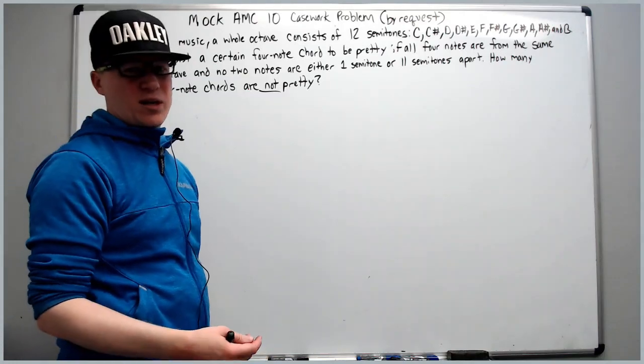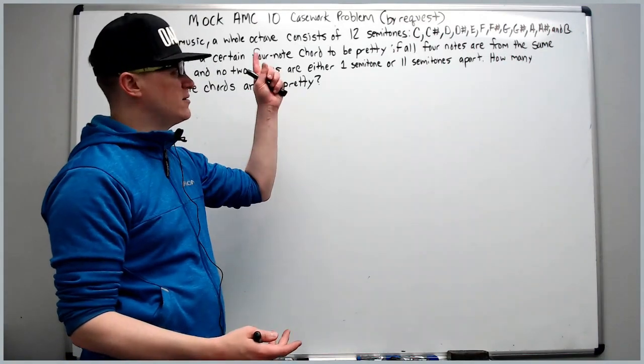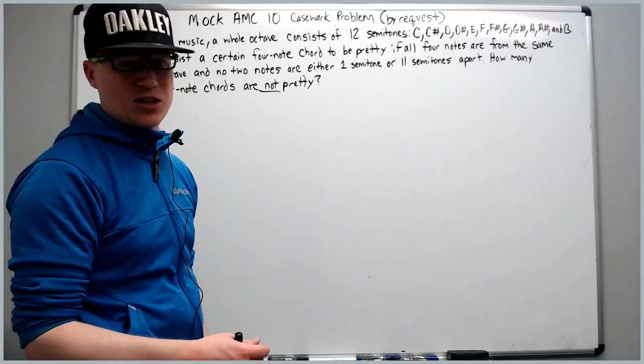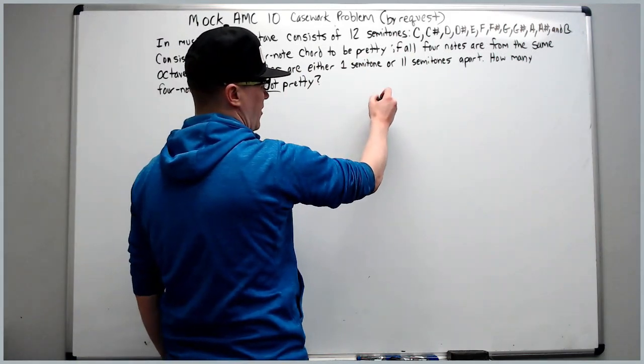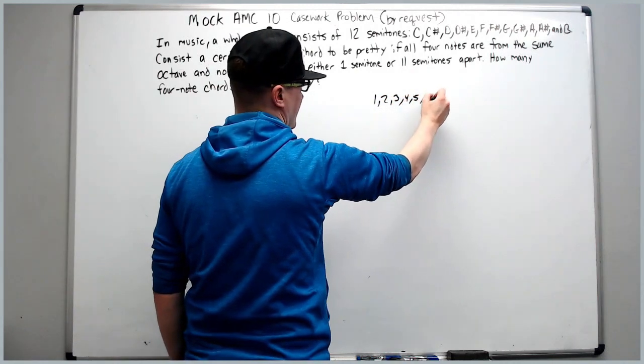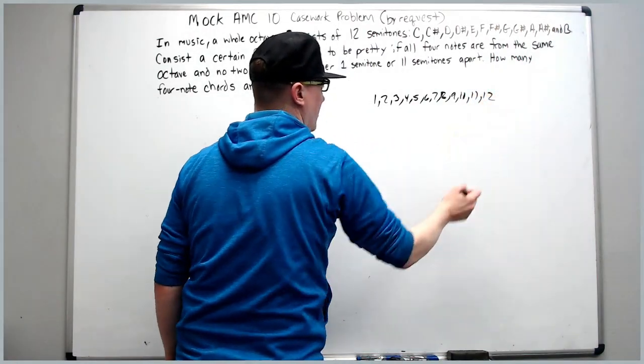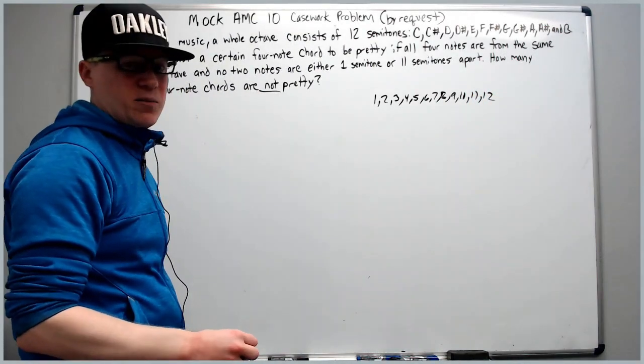The first thing you're going to want to do in this problem is make a better system of organizing it. We don't care about their names, C, C sharp, and all that. We can just call them 1, 2, 3, 4, 5, 6, 7, 8, 9, 10, 11, and 12. It'll be much easier to think about.